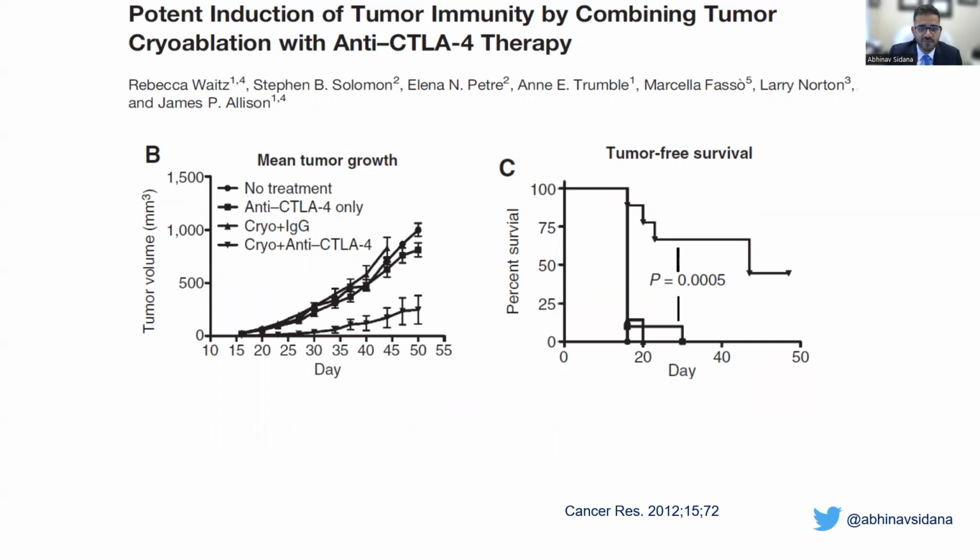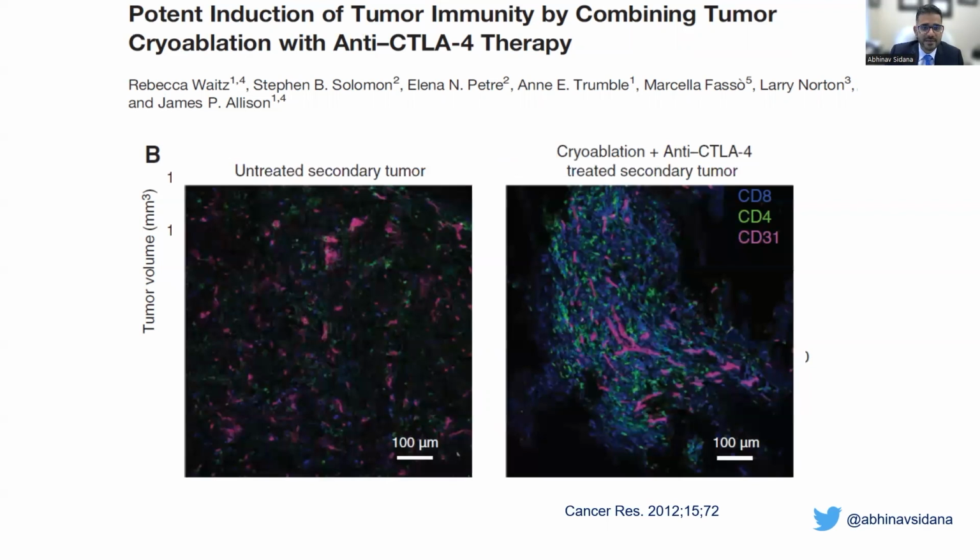A proportion of mice in that arm completely rejected the second tumor. When they did immunofluorescence studies on the secondary tumor, there was increased infiltration of CD4 and CD8 cells in the mice treated with cryo plus anti-CTLA4, again demonstrating the synergistic effect of the combination on anti-tumor immune response.